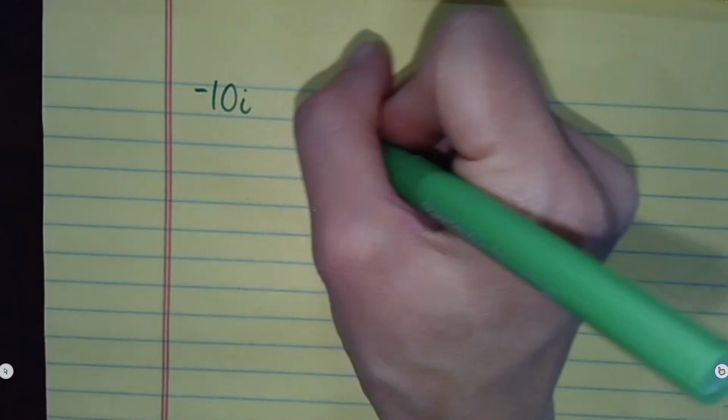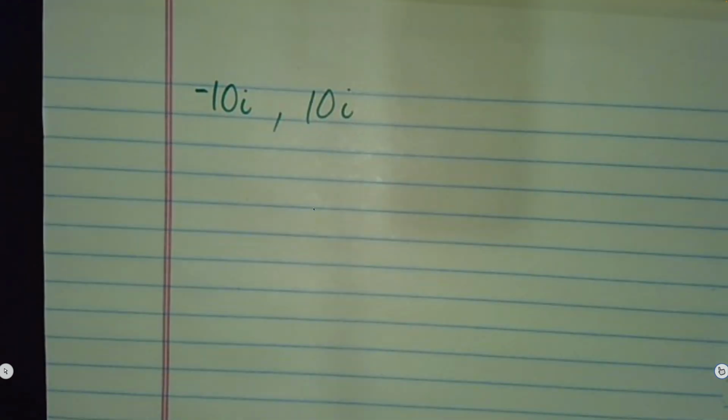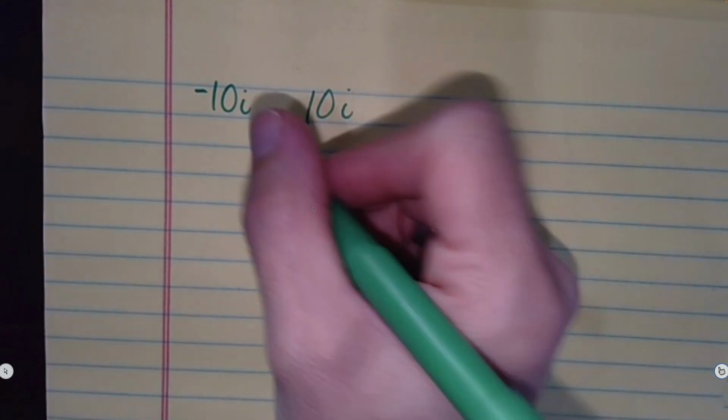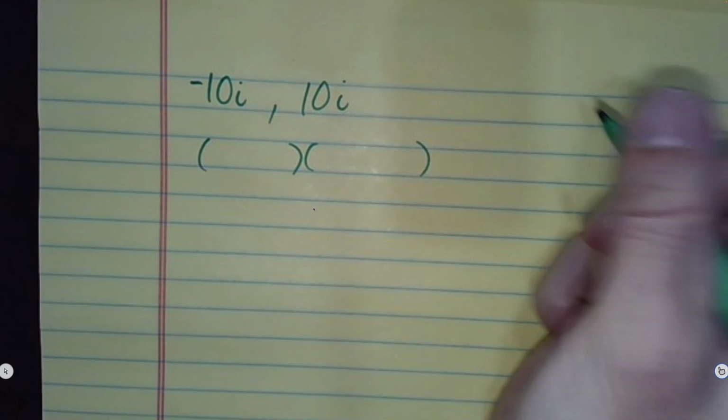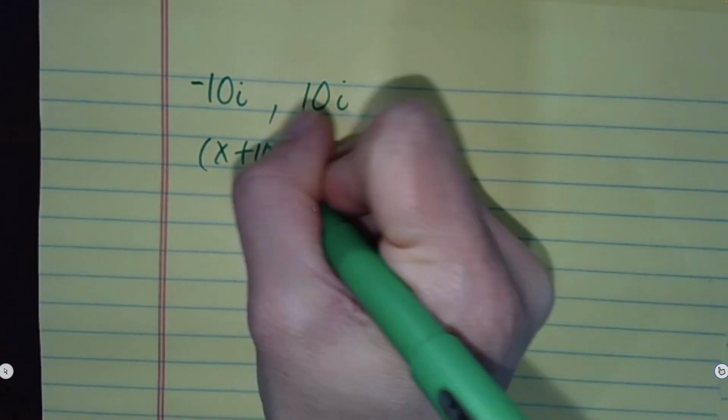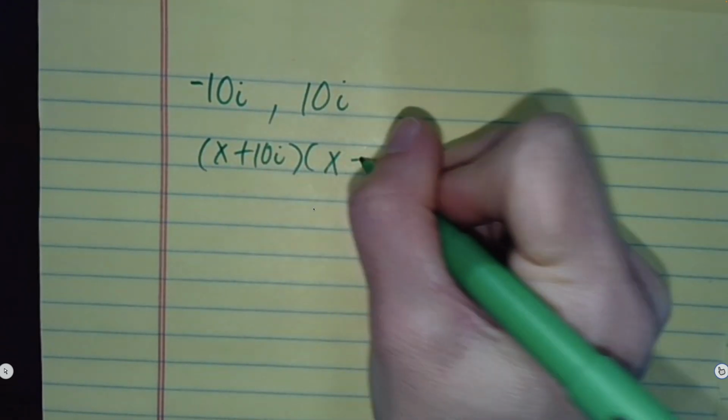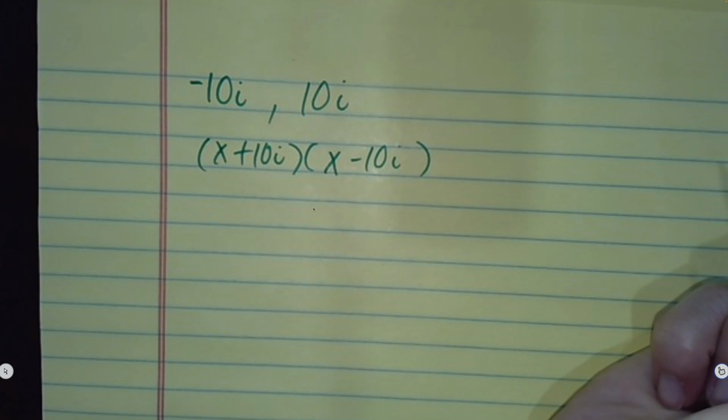If I know a root is negative 10i, what's my other root? 10i. And so, I don't know anything else, so it must be a quadratic, right? How many roots do I have? 2. So, I would write my 2 roots as x plus 10i, and then what? X minus 10i.